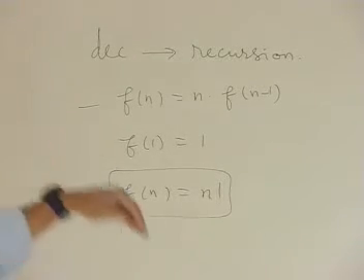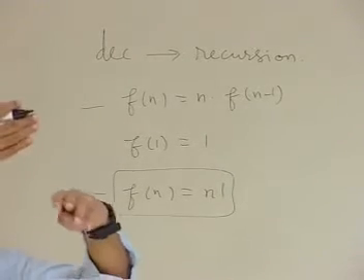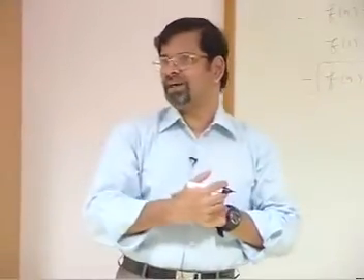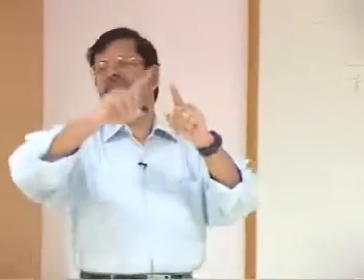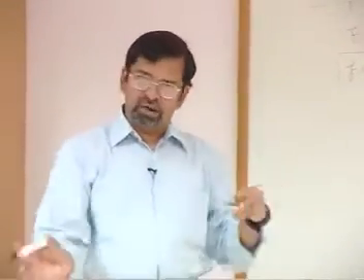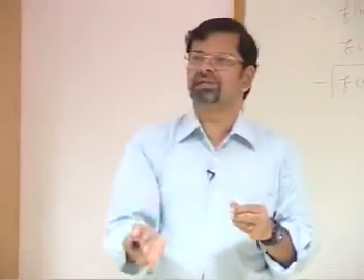If this is top down, just the other way around will tell you a way to incrementally arrive at the answer. Start from 1, multiply it by 2, multiply it by 3 and so on, up to n, and that is incremental. Whereas this is decremental, the equivalent other view is incremental.